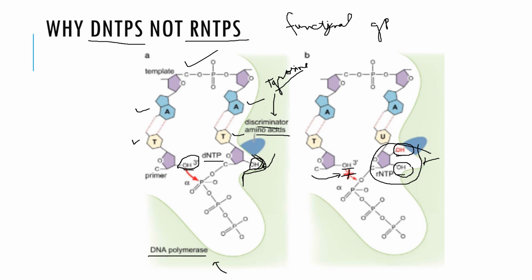If there is no recognition, there will be no fitting of the hydroxyl group in the bulging, and because of that the distance between the OH group and the phosphate group will increase. If there is no bond between the OH group and the phosphate group, there is no formation of a phosphodiester bond, so in that case the process is affected. That's why dNTPs are used, not rNTPs.